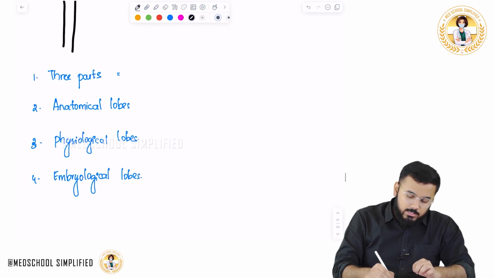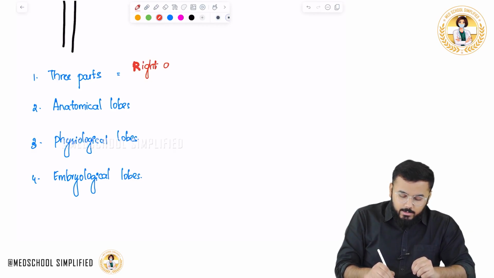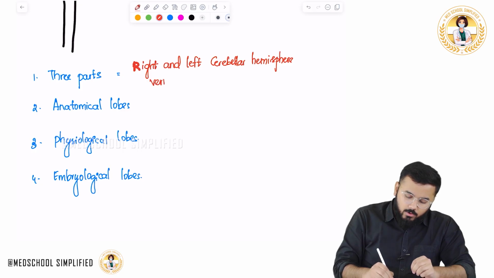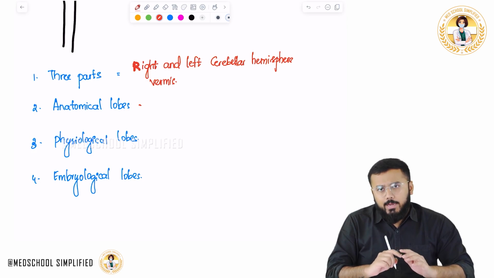What are those 3 parts here? We have got the right and left cerebellar hemispheres, and after that we have got the vermis.